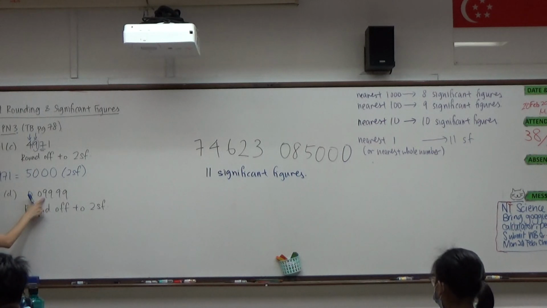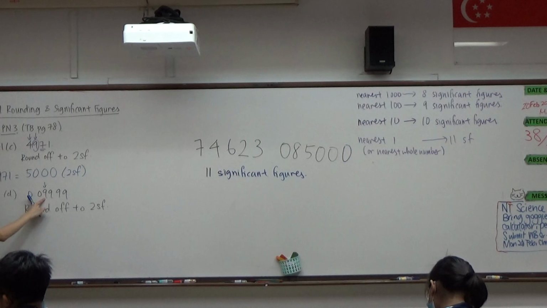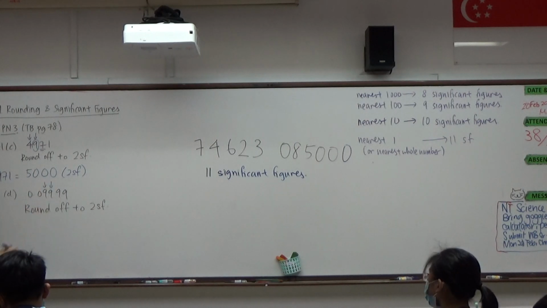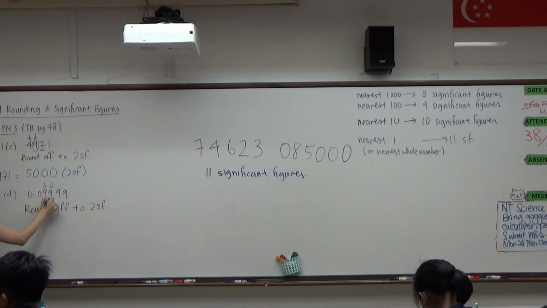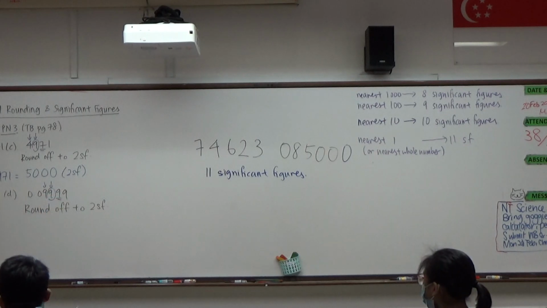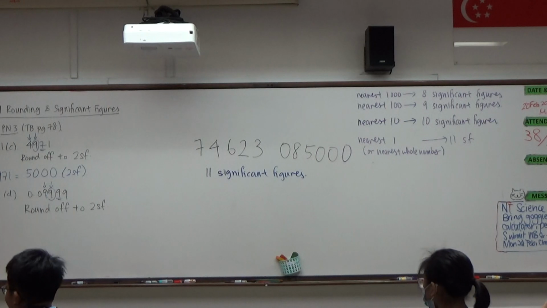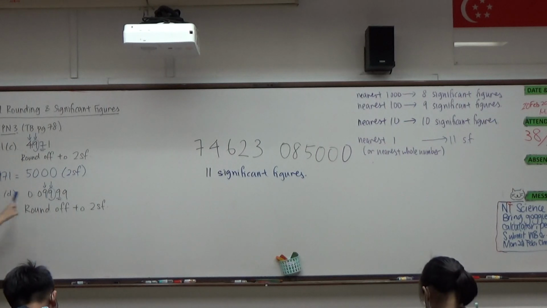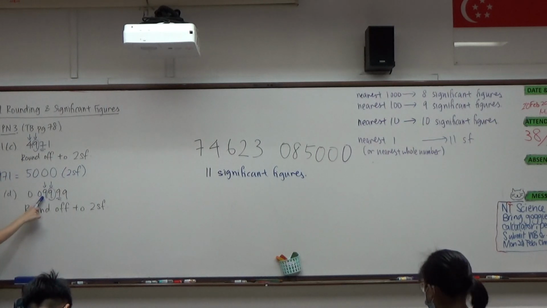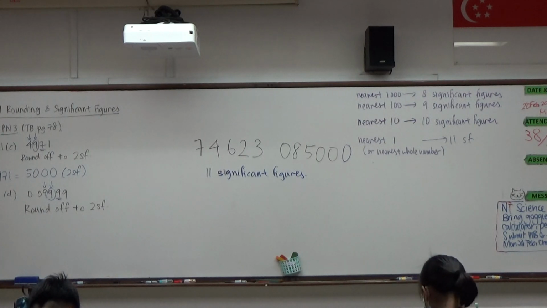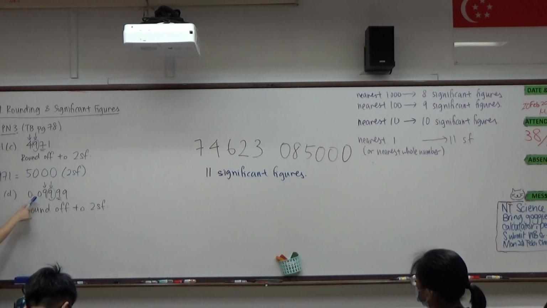So we first count from this number 9 over here. That is our first significant figure, second significant figure. Looking at the digit on the right, which is a 9 as well, it will cause my 9 to round up to become a 10. But when I have it become a 10, my 9 must also plus another 1. So it will have to round up such that this 0 becomes a 1.